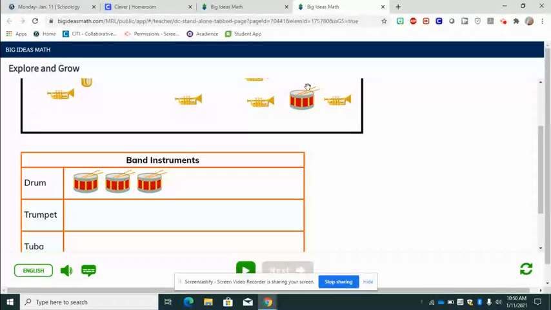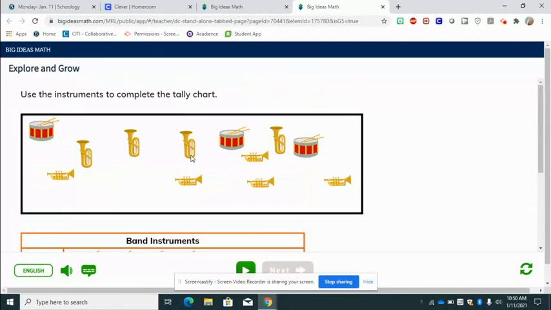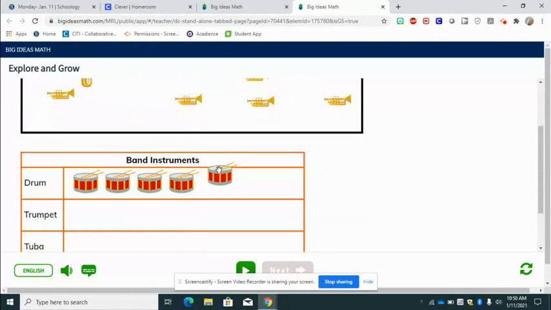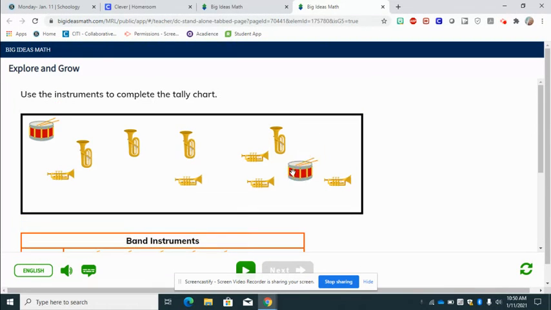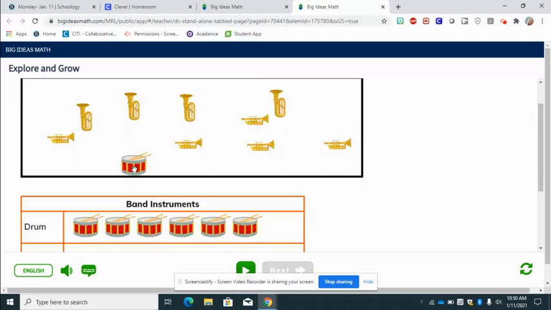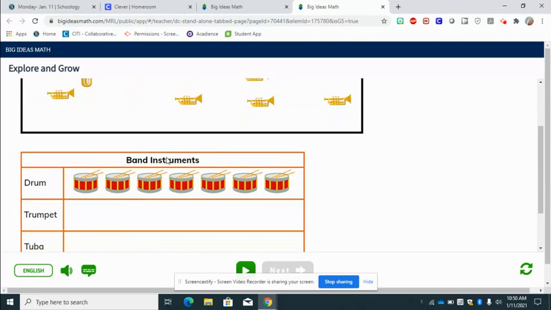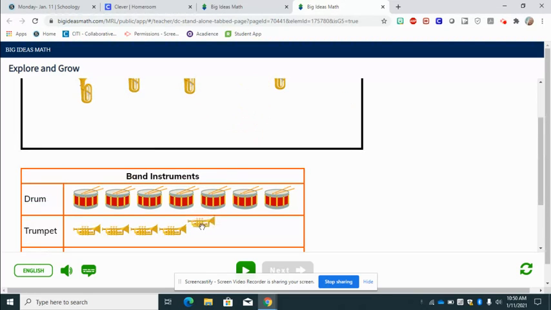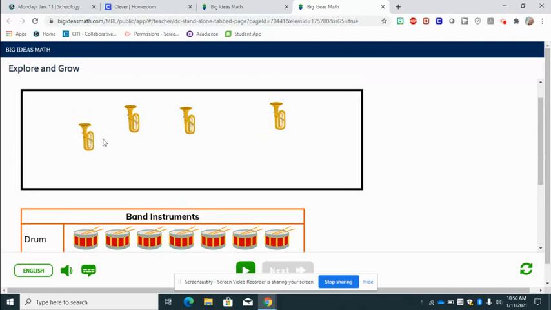So these are the drums. Okay, then we're going to do our trumpets. And then we'll do our tubas.